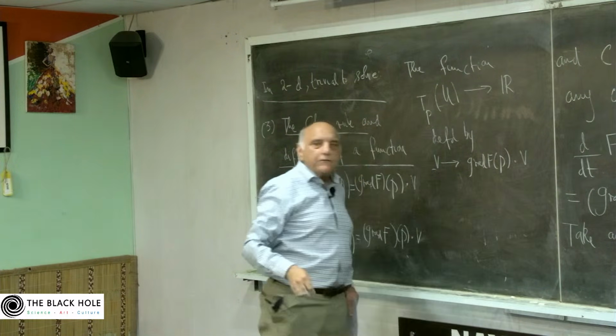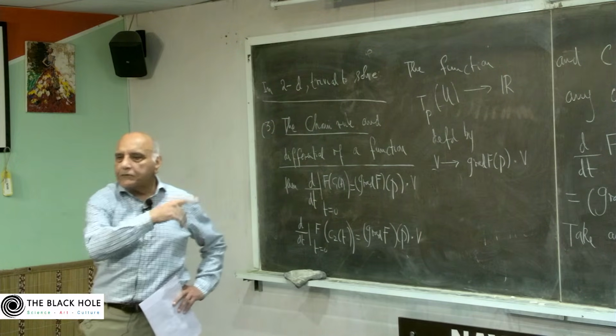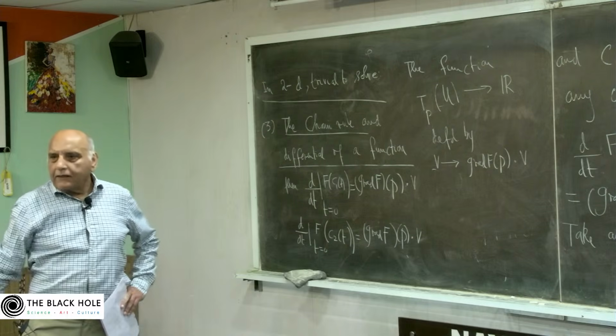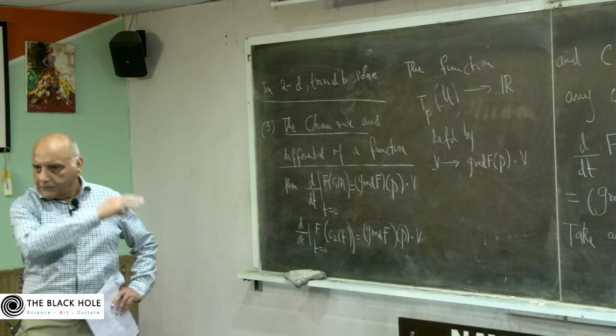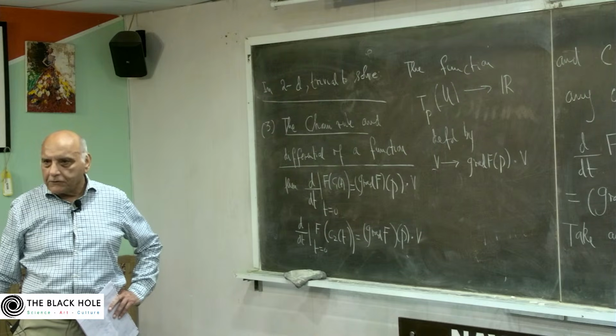Is it linear in V? If I replace V by V1 plus V2, do I get, and if I replace V by some lambda, lambda will be multiplied. So this is a linear function on V.